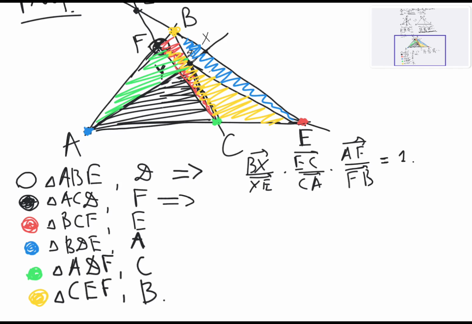So now the second one. So it's GB over BC multiplied by, yeah, there's not enough space to write all of them. Okay.